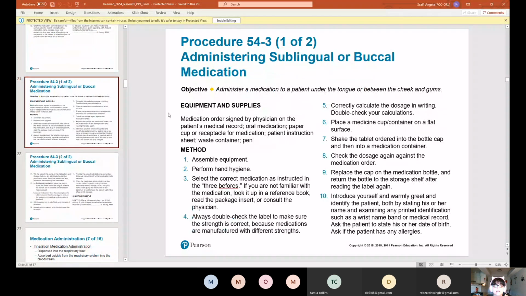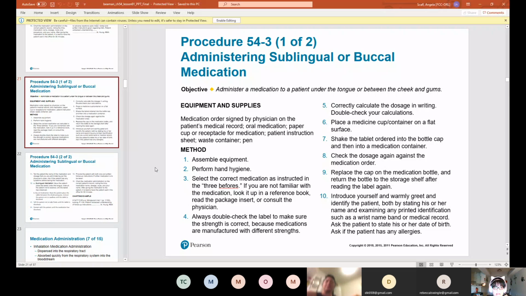This also is the next procedural step, and it's basically going over sublingual and buccal. And like I said, go through your book. If nothing, at least read the step-by-step order, because that's going to help. But if you really want to ingrain it, write it out, and you can summarize it.